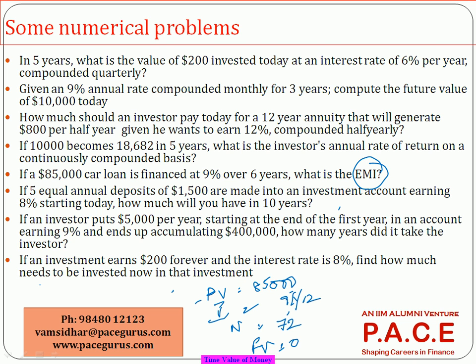If the question is like, okay, you will pay something in the EMI form and some 20,000 you have to pay at the end of 6 years. Right? There is a lump sum payment of 20,000 at the end of 6 years. Then FV will become 20,000.